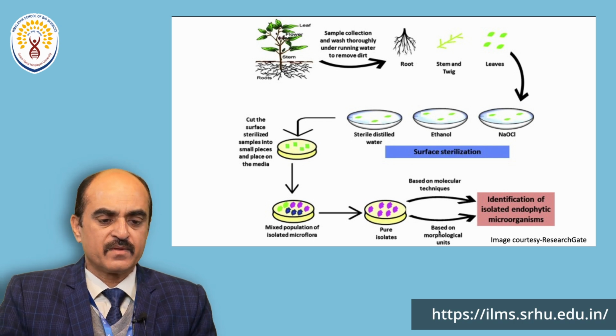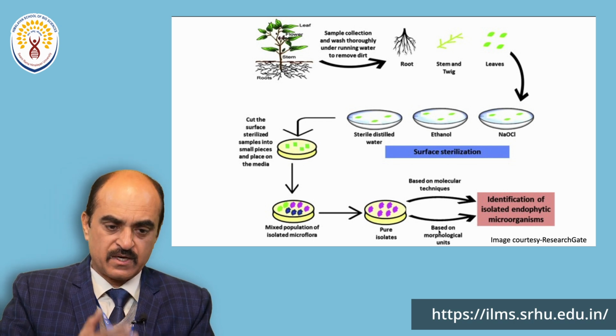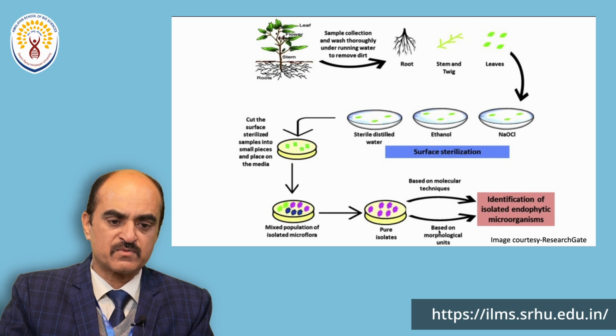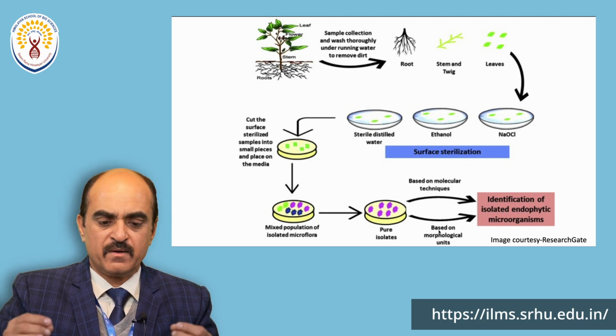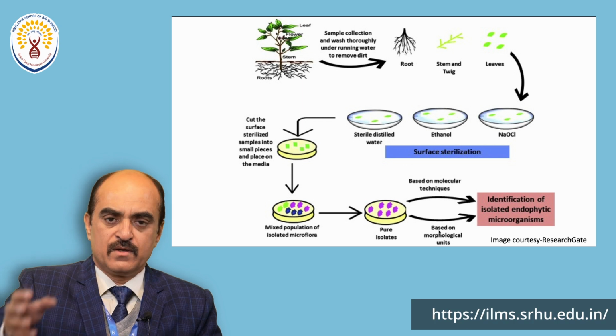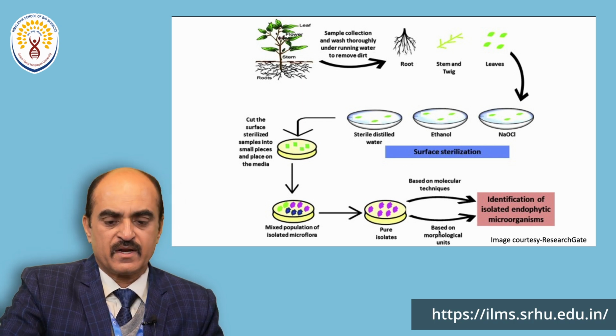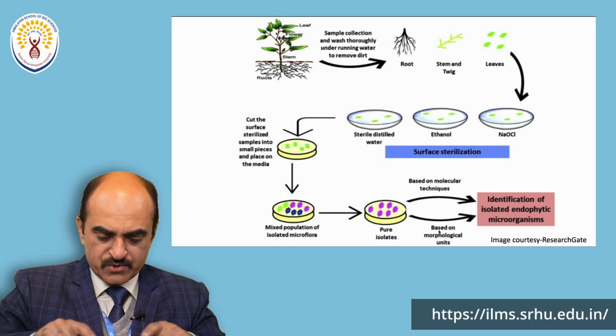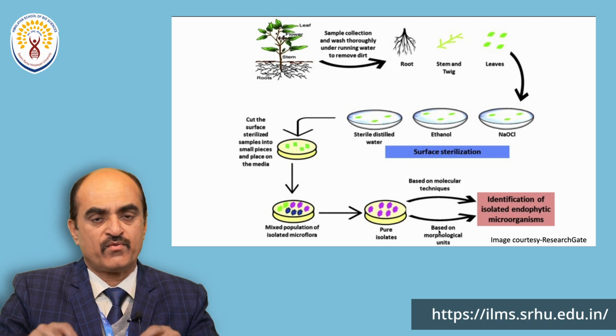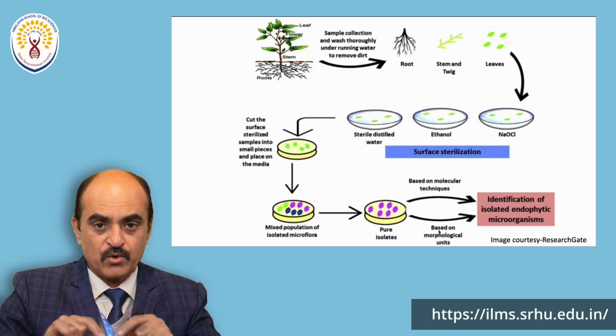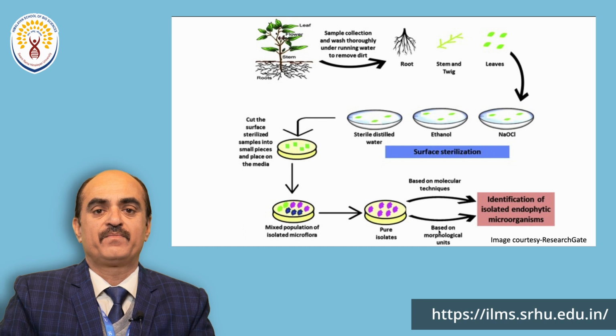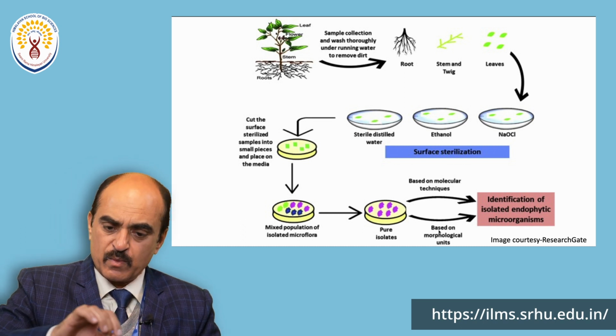Then you cut the surface-sterilized samples into small pieces, put them on the media, and incubate your petri plates. After some time you will observe the growth of microorganisms around your sterilized samples. So this is the very common procedure.